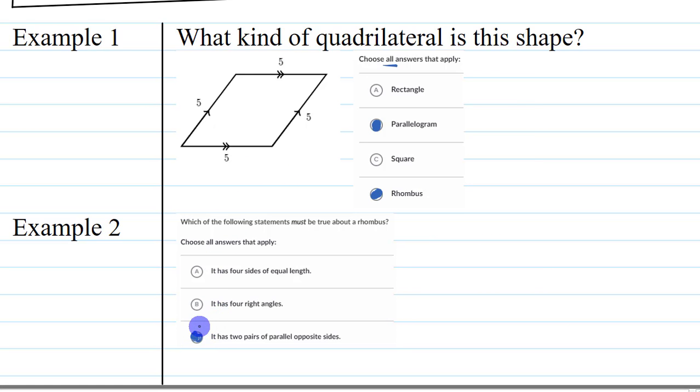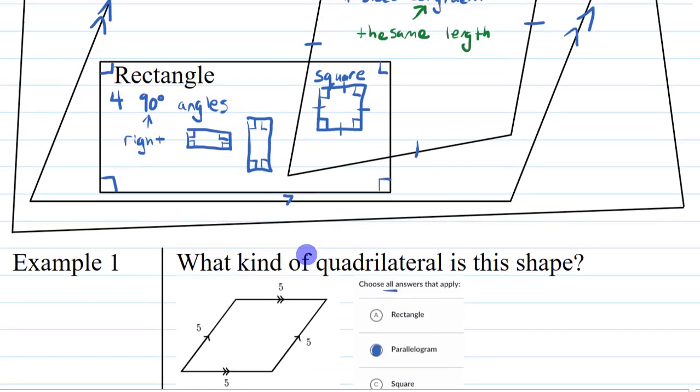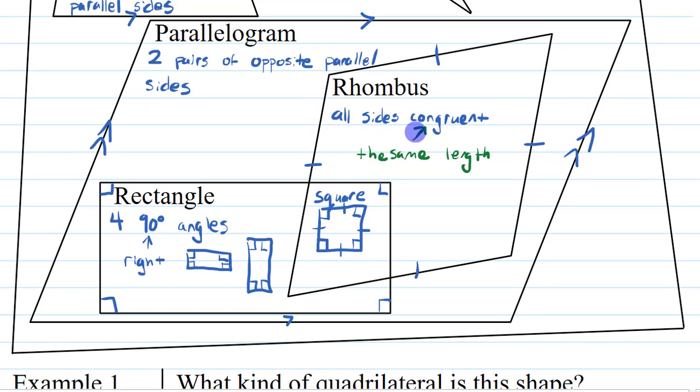All right, thumbs up, thumbs down. Agree or disagree? Thumbs in the middle and thumbs down. Chewy, why'd you do thumbs in the middle? Because it's also A. It's also A? Why is it also A? Because it also has 4 sides and equal length. Yeah, so that is part of the definition of a rhombus too. If we come back up here to the rhombus, all sides are congruent.